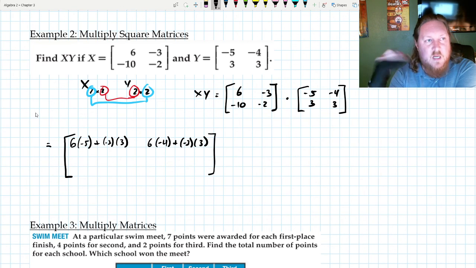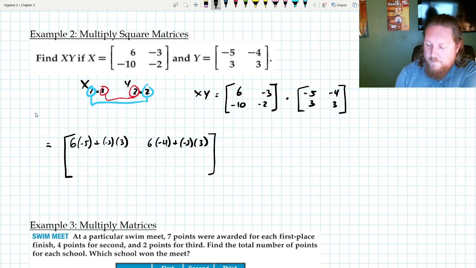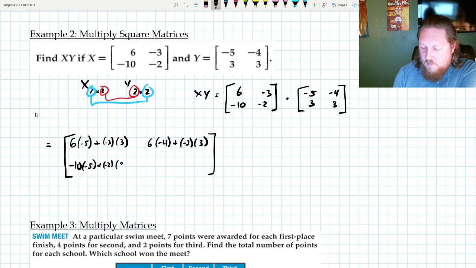So now I move down to the next row. And this is where being systematic is really important. I'm on the second row, negative 10 times the first element of the first column plus negative 2 times the second element of the first column. Leave myself a gap, negative 10 times negative 4 plus negative 2 times 3.